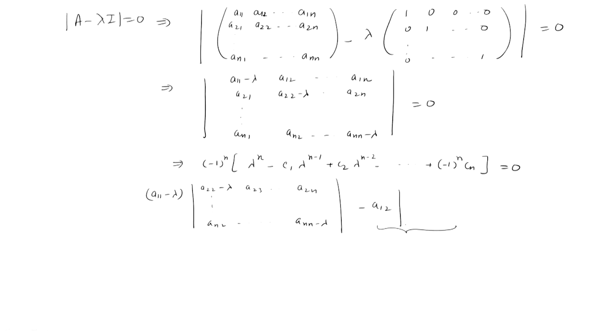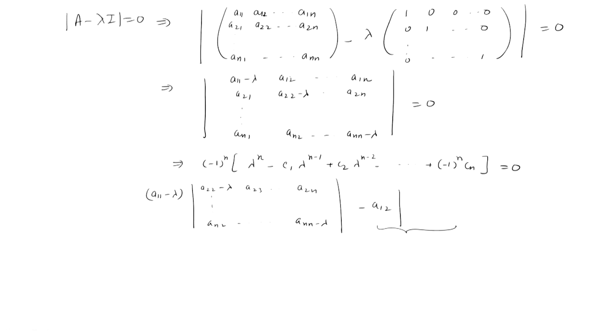So, that means this expansion will contain maximum lambda raised to power n minus 2, because when you expand from this, you are deleting this row and this column. So, two factors of lambda are not coming in the expansion. That means the maximum power of lambda which is coming from this term is lambda raised to power n minus 2.